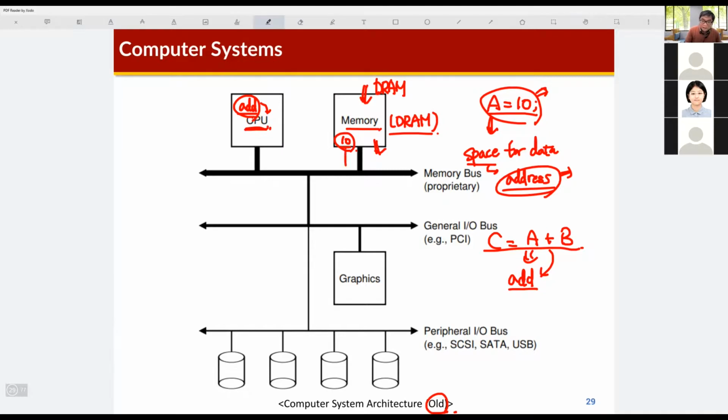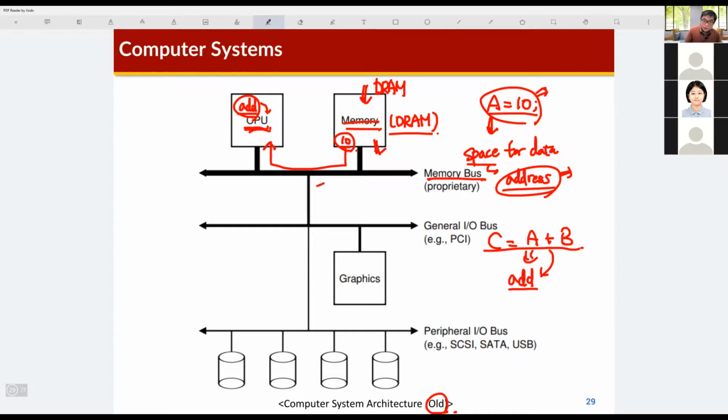This data is transferred to the inside of the CPU, because the data is stored in the RAM, right? In order to transfer this data to the CPU, the CPU and memory should be connected to each other. This connection is called the memory bus.